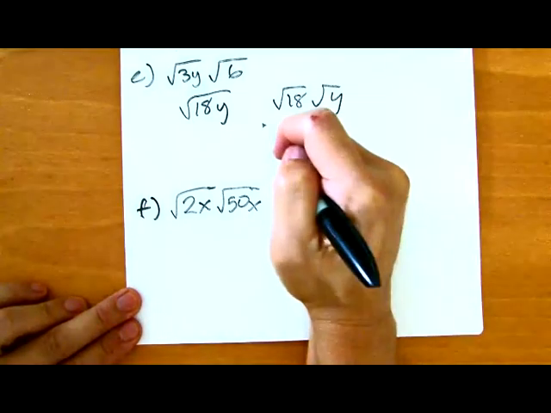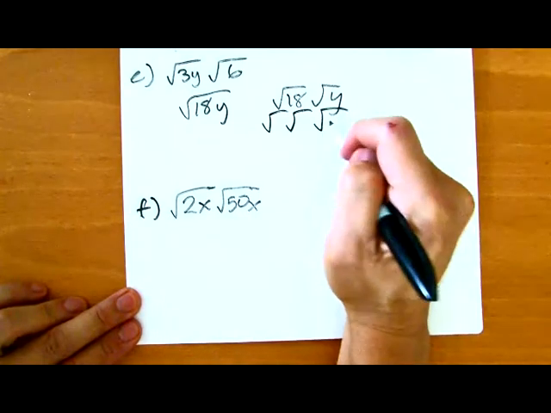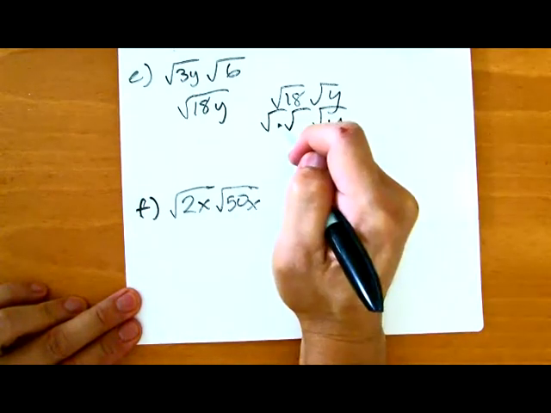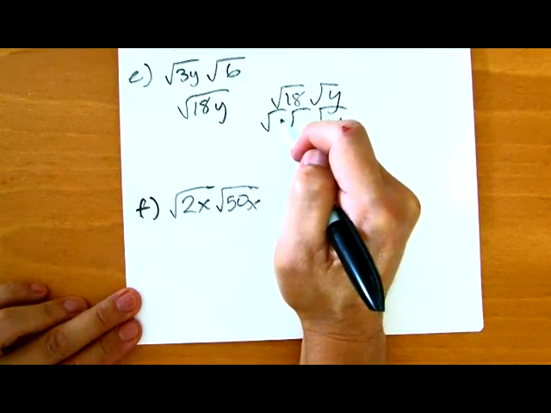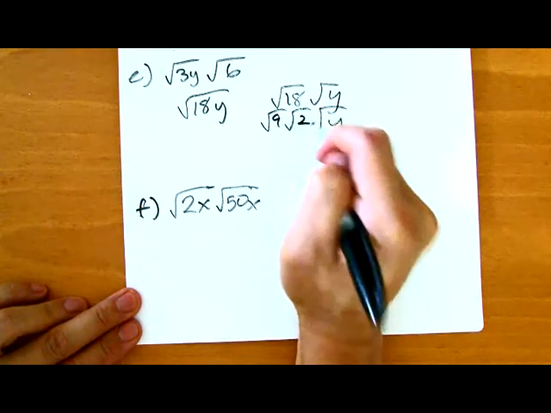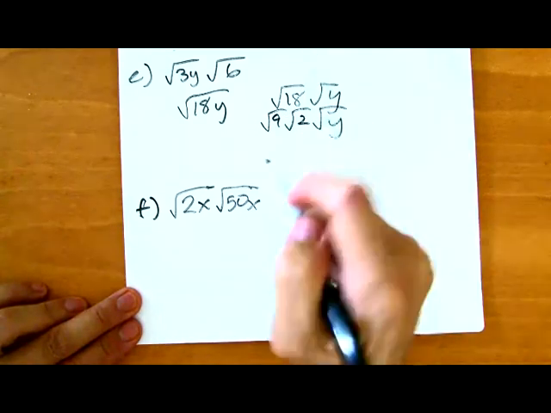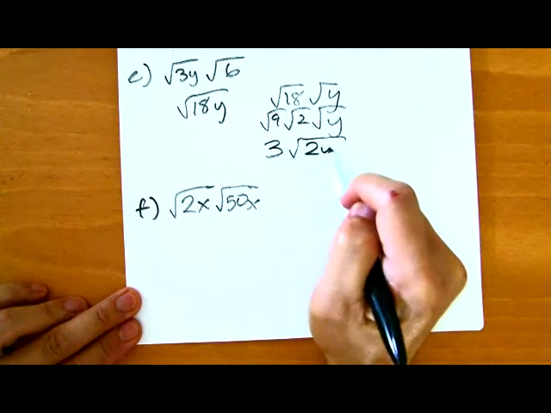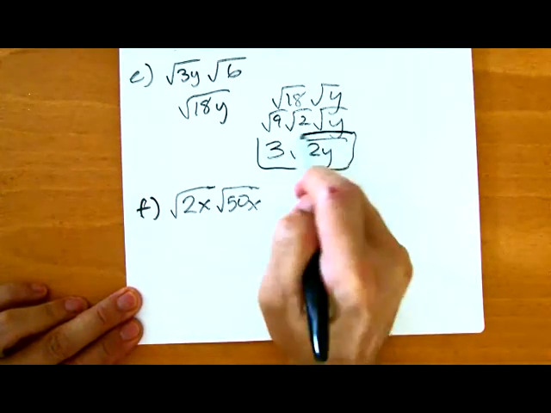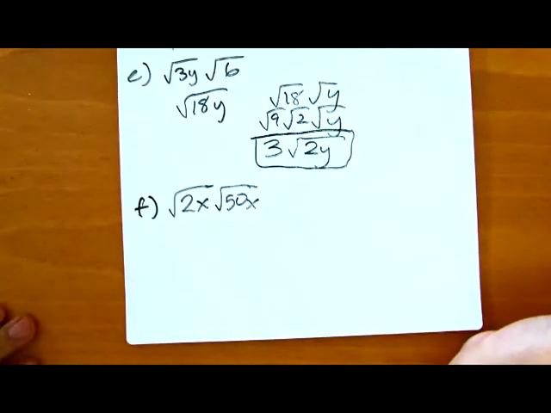The 18. This is still radical y. We need to split the 18 into two factors, one of which we can square root. 9 and 2. I can square root the 9. That would be 3. Can't do anything with the 2. There, that's what we're looking for. So you multiply, and then we simplify the resulting radical if it's possible.